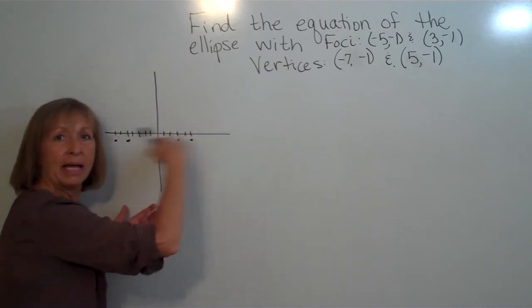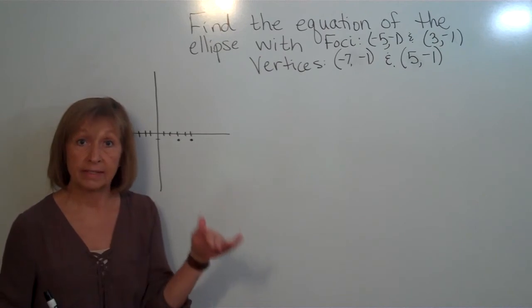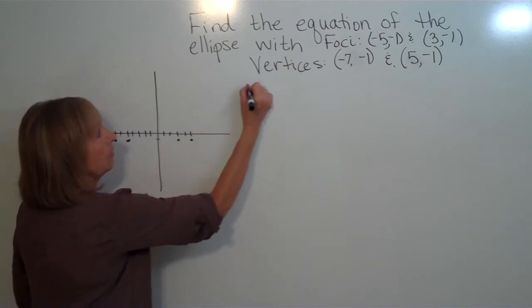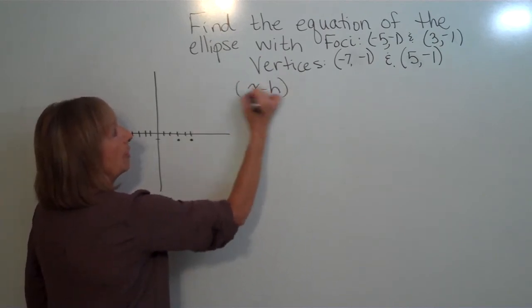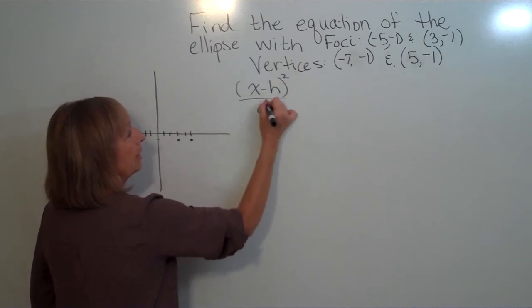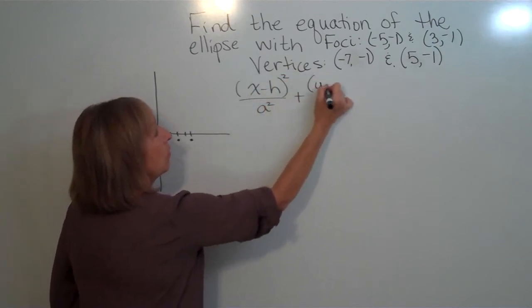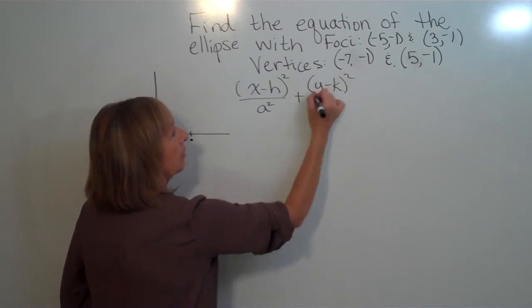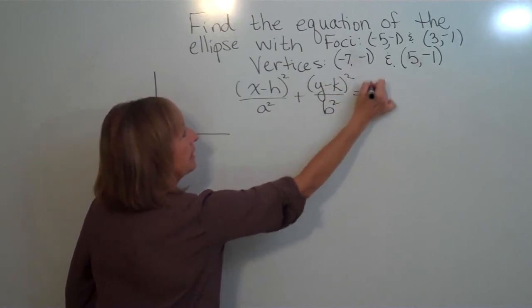I see that my major axis is running horizontal. So I know it's going to be x minus h quantity squared over a squared plus y minus k quantity squared over b squared is equal to 1.